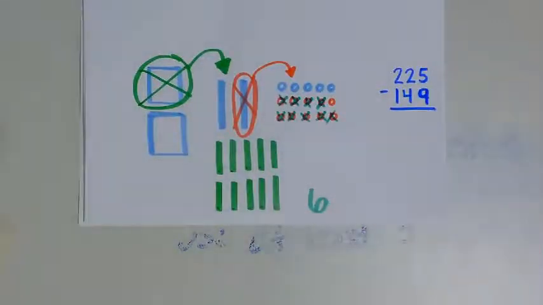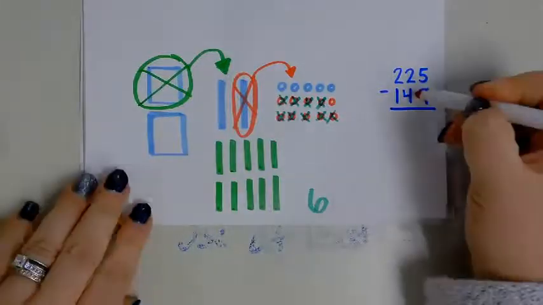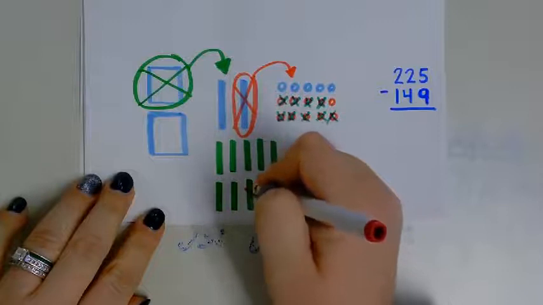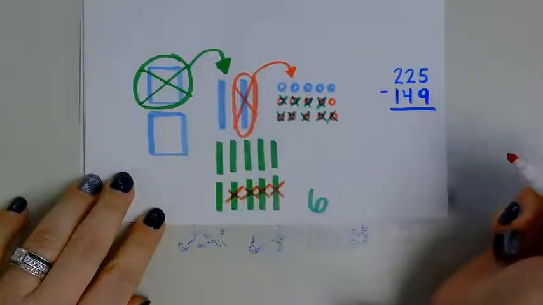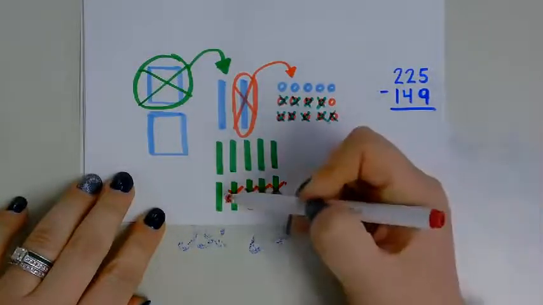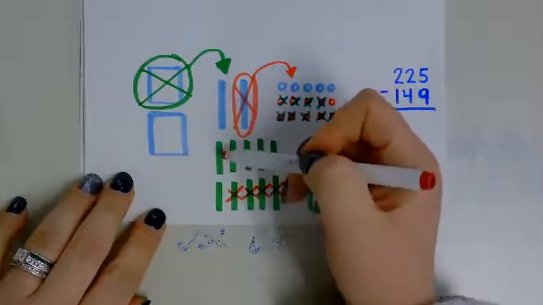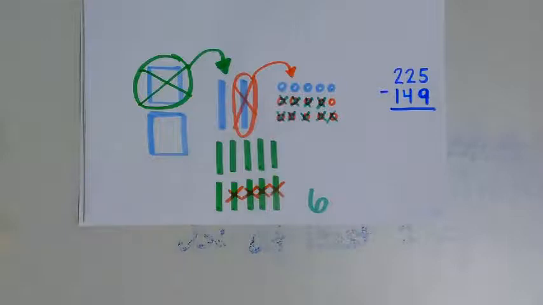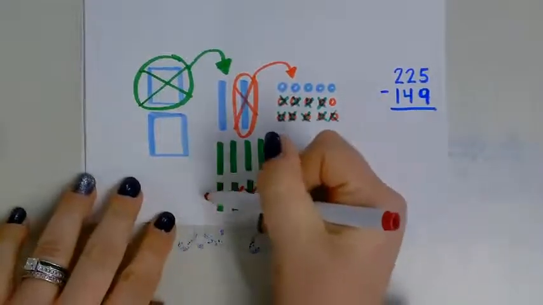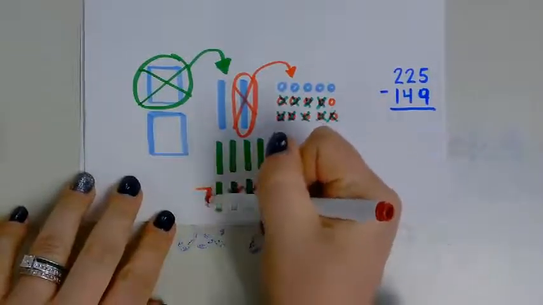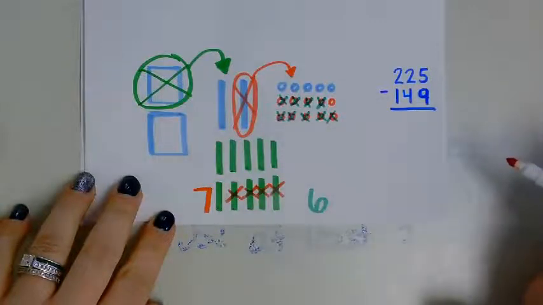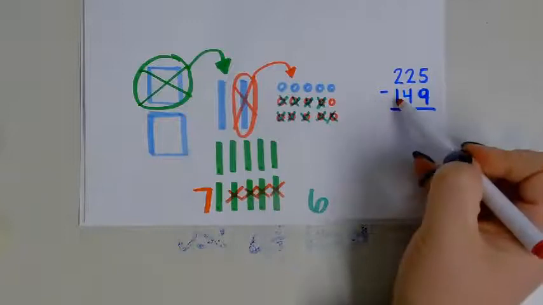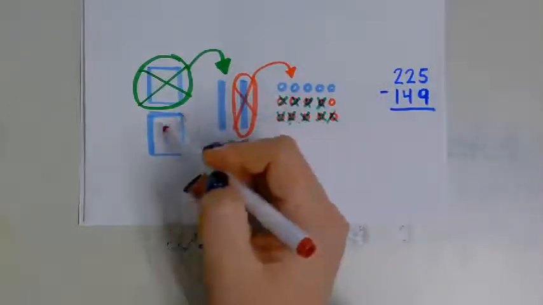And now I have enough to take away 4. 1, 2, 3, 4. And in total, I have 1, 2, 3, 4, 5, 6, 7 of those left. Now I have one group of 100 and I'm taking away one group of 100.